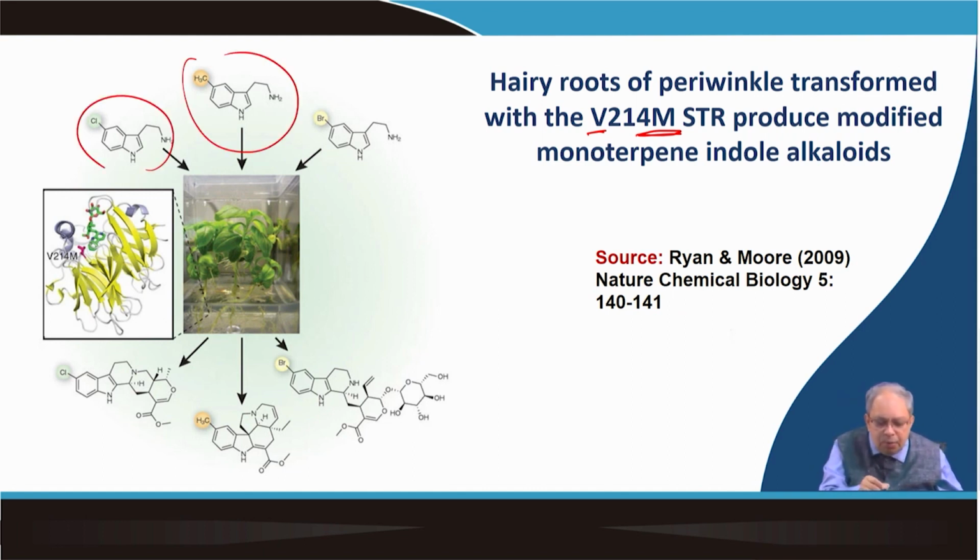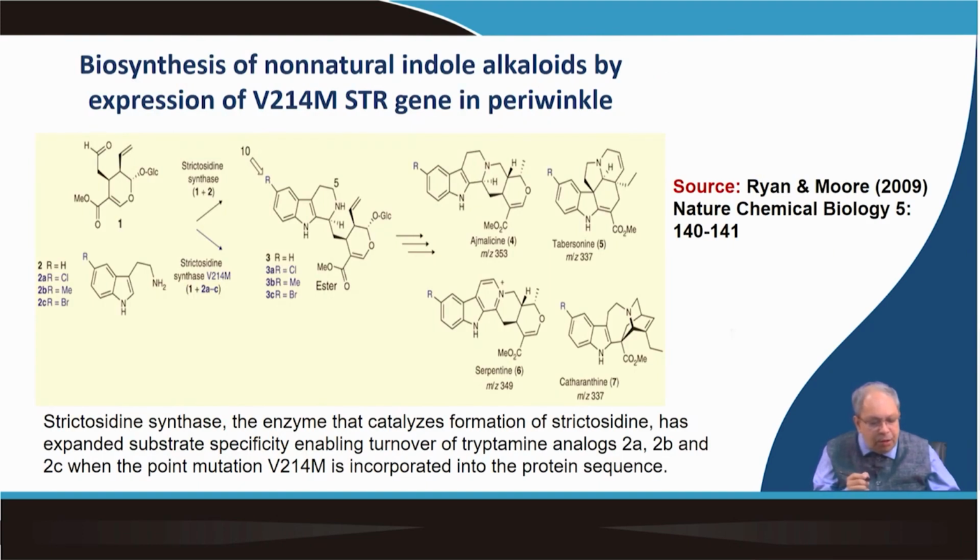methyl, bromo and fluoro, already checked, and that leads to the formation of different derivatives, either chloro, methyl or bromo of the indole alkaloids. As the normal pathway was not interrupted, the normal products are also there. So, the beauty of this is you can get both the derivatized product as well as the normal products. This is the concept called metabolic reprogramming.